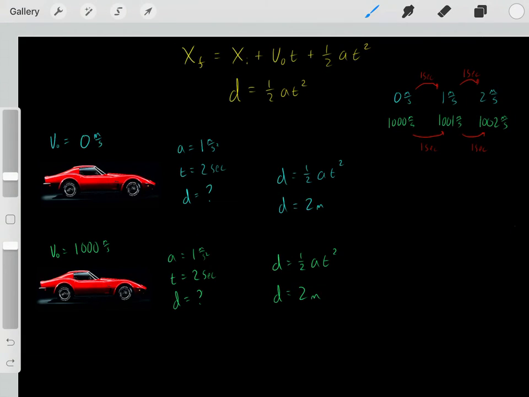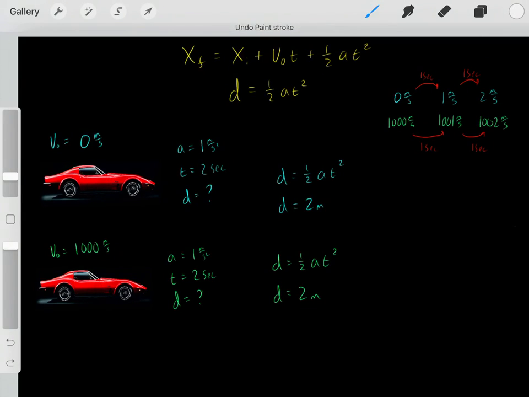But the point is, during this 2-second interval, we were traveling on average around 1,000 meters per second. If we were traveling on average 1,000 meters per second for 2 seconds, we would travel much more than 2 meters. So this is not right. This can't be right.